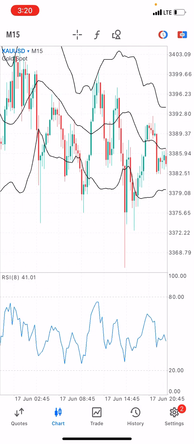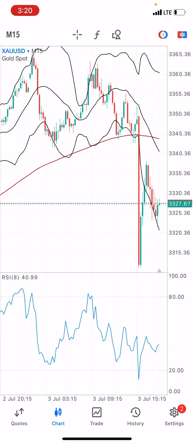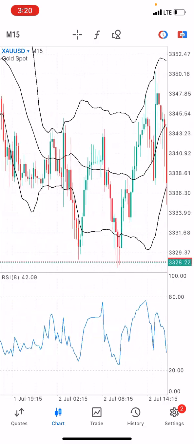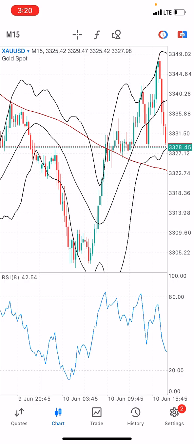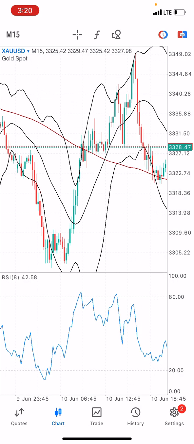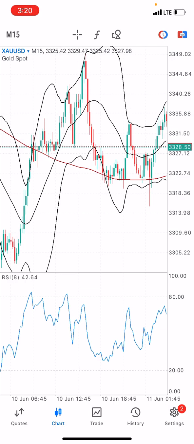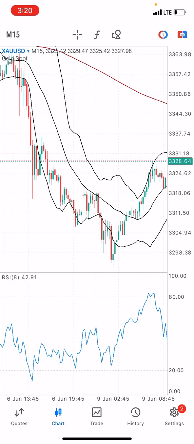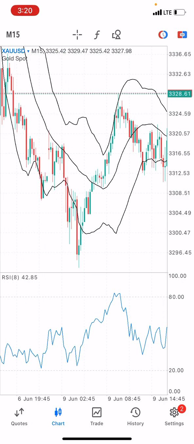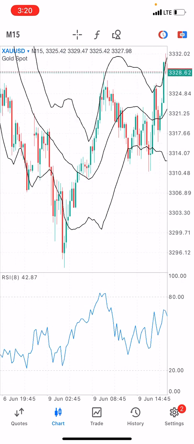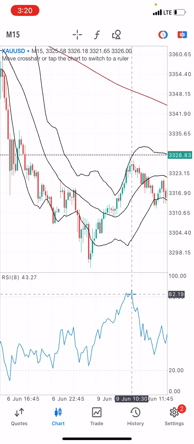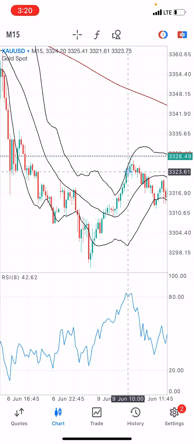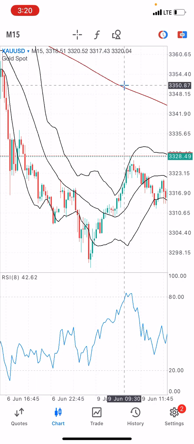Let's look for another example. Good, you can see another example. You have to be clear enough to see this. Price touches the 80%, and when you trace it, price is below the moving average.